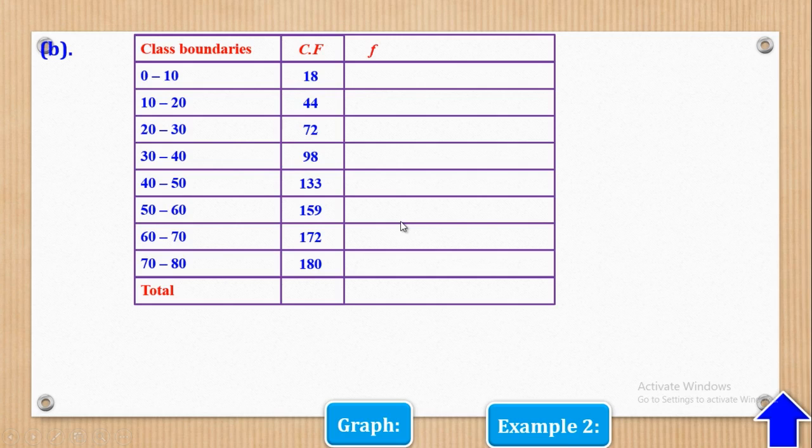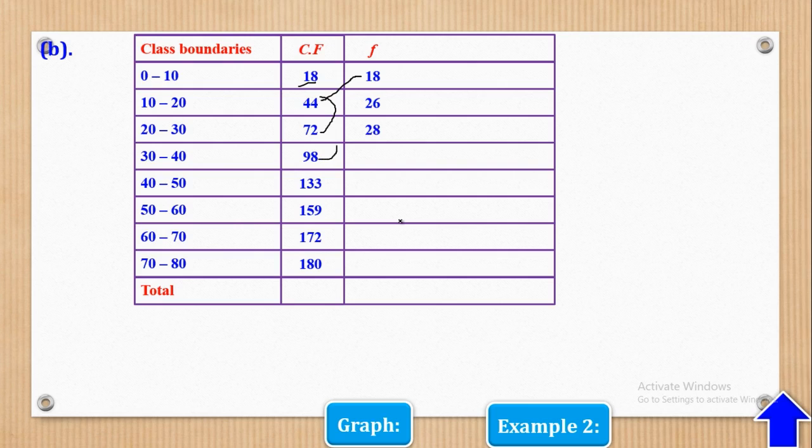So next will be for frequency. Now for frequency, you first write this very value, and that will be 18. Then next we will say 44 minus 18 to come up with 26. Then after that we should say 72 minus 44 to come up with 28.